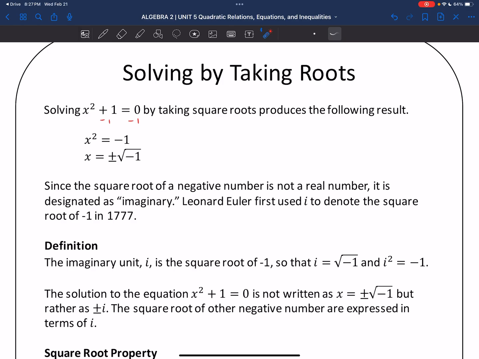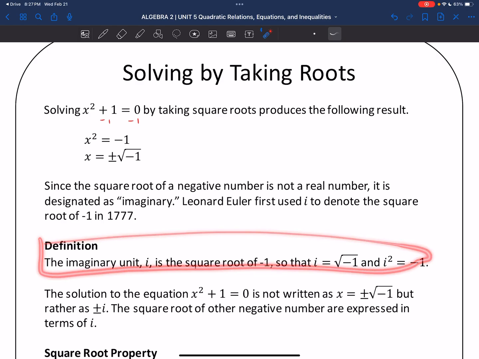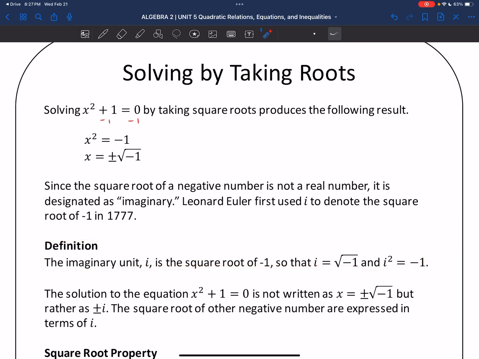Now, there is a mathematician, his name was Leonhard Euler, and he first started using this i to denote the square root of -1 in 1777. And so this leads to our definition. The imaginary unit i is the square root of -1.